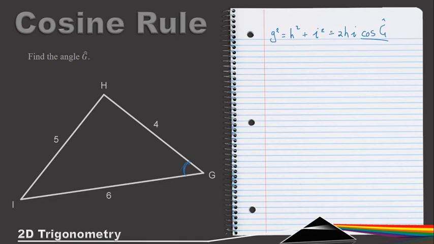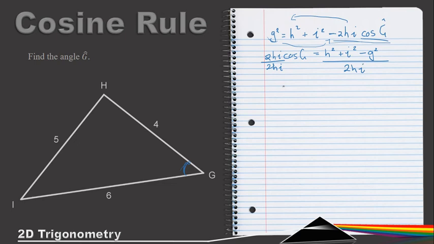Since this is a negative over here, I'm going to take this entire term to that side, and take this g squared to the other side. Because this is a minus, it goes over and becomes a plus. So 2hi cos G equals h squared plus i squared minus g squared, since the sign changes. Now I need to isolate cos of G, so I divide both sides by 2hi.